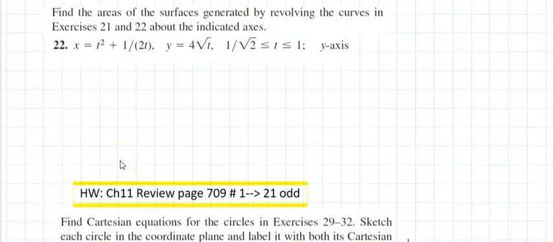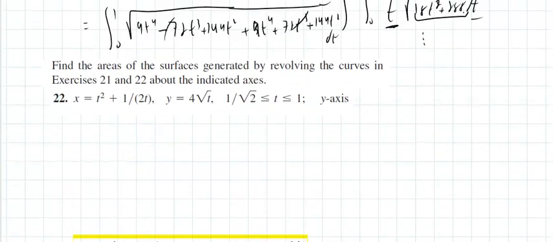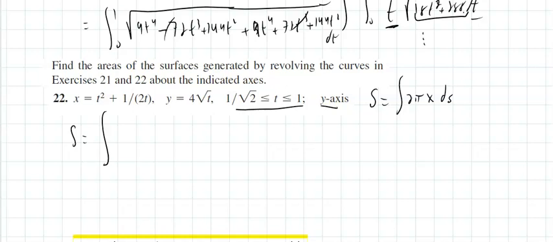Now, almost done with this. There's one more to go before the end of this first review. If we take this and we rotate it about the y-axis, we know s equals the integral of 2 pi, if it's about the y-axis, x ds. If you remember that, that's provided in the formula sheet. So s is going to be the integral, again, from 1 over radical 2 to 1, the square root of the derivative of this, that's 2t.